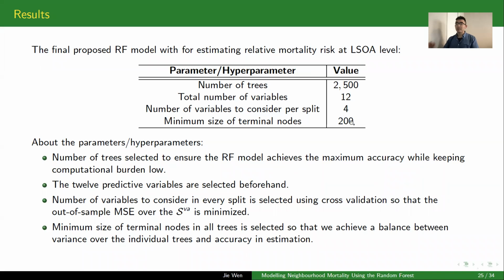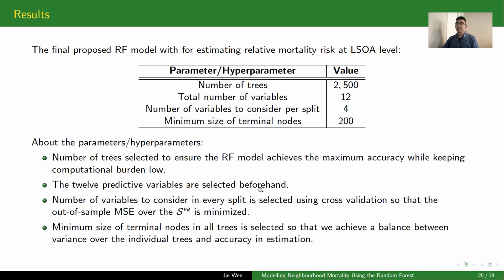We also have an additional constraint on the minimum size of terminal nodes a tree can have, otherwise we cannot make any further split to that particular node. All of these hyperparameters embedded in the random forest model are selected to ensure the model achieves the maximum accuracy while keeping the computational burden low. So it has to be accurate, but it also has to be efficient.